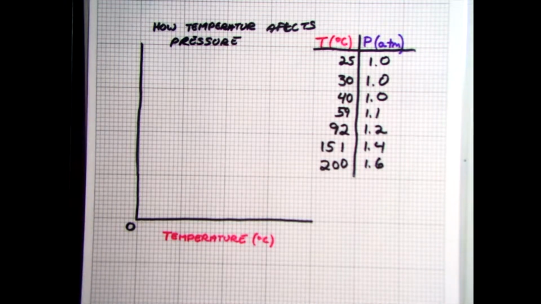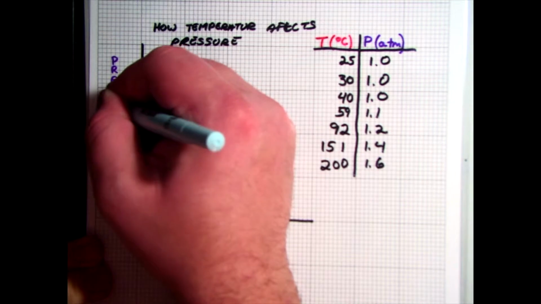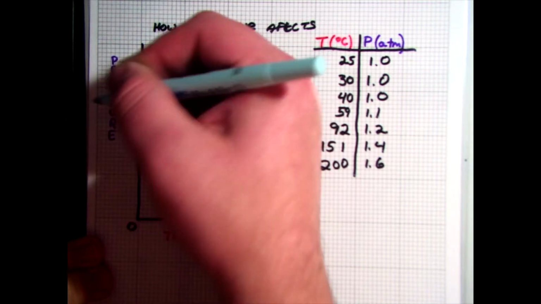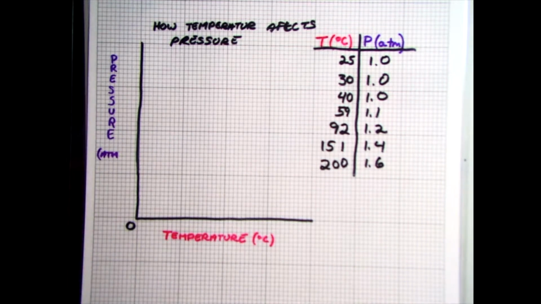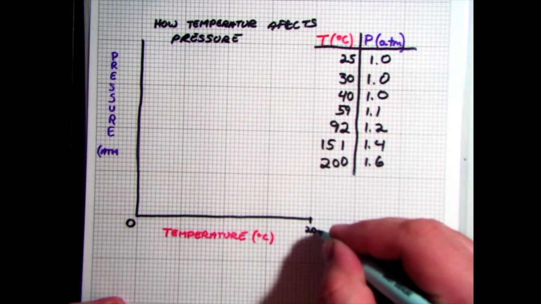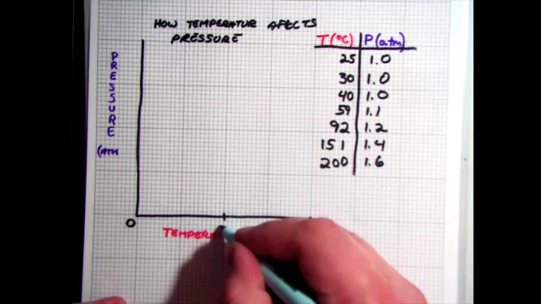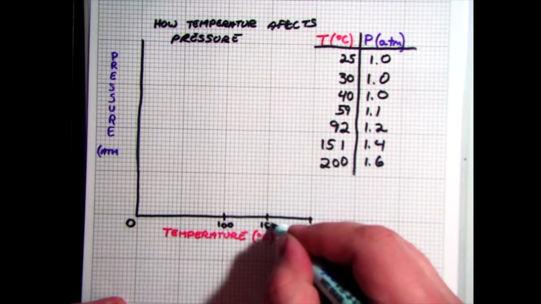Temperature, because it is my independent variable, is going to go along the x-axis, and pressure, the dependent variable, is going to go along the y-axis. As I put the numbers in for my graph, note that I am putting my highest value all the way to the right and 0 all the way to the left.